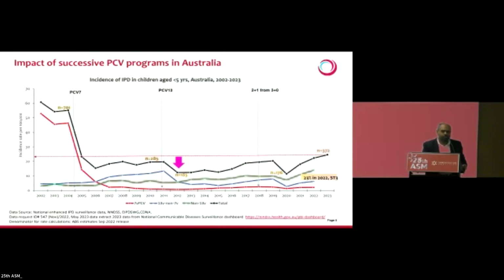So pretty much that non-vaccine types and serotype 3 disease has offset the gains that we had from the 13-valent vaccine. So where to from here for PCV in kids is the question to ask.